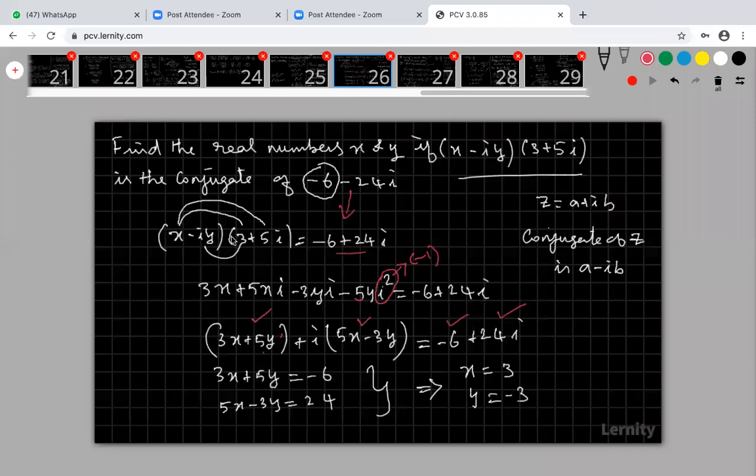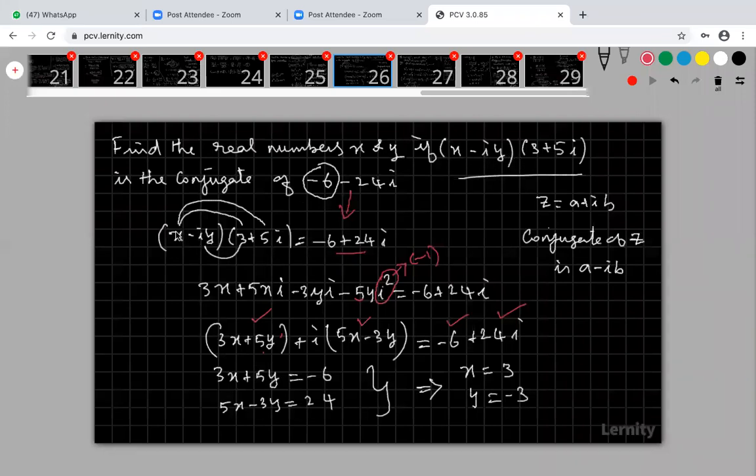The conjugate of this number is equal to this. That is given. Please try to understand the statement. If you multiply these two, you will get one complex number. This complex number is the conjugate of this number. What is the conjugate of this number? Minus 6 plus 24i is the conjugate. That is equal to the multiplication of these two.